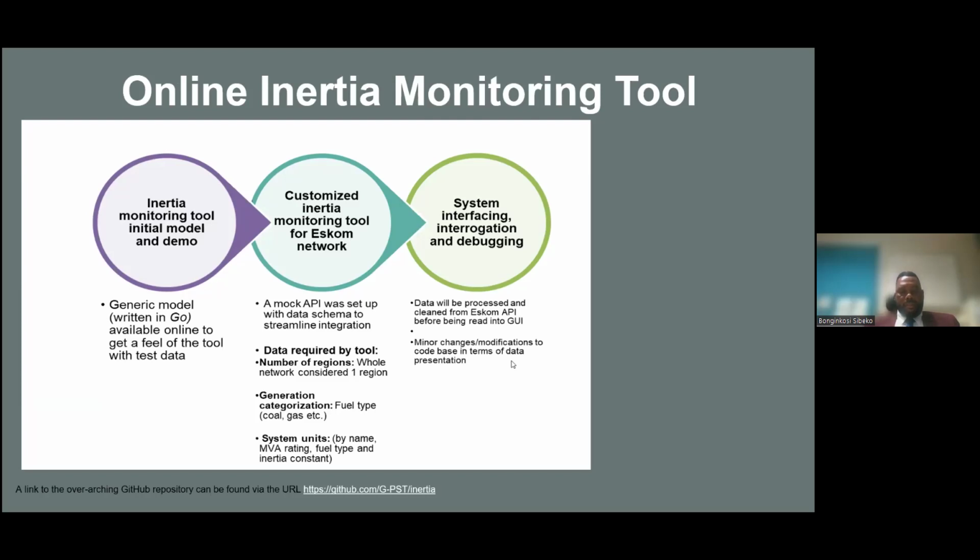We are adding some variables, and then it's live. We can track the inertia of the system at a basic level, but we're still going to make it more complex by adding stiffness and other variables that are needed. Then the system interfacing, interrogation, and debugging.